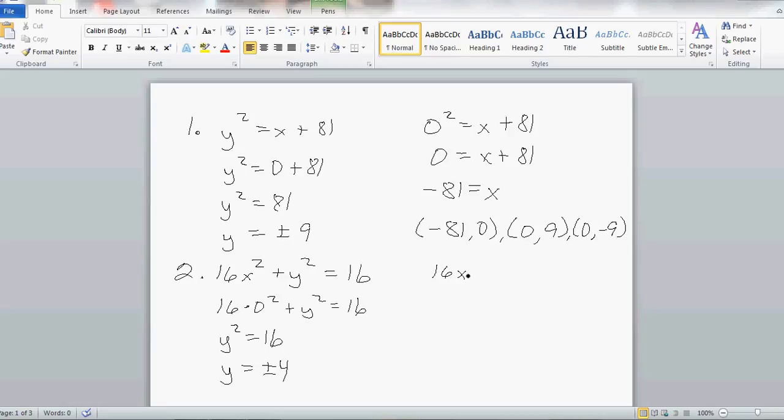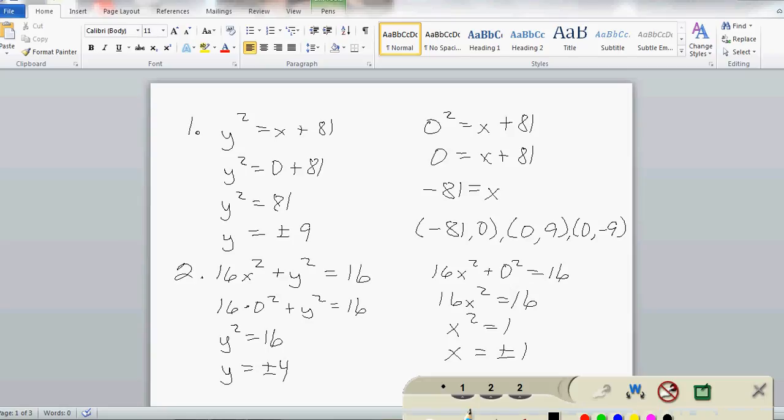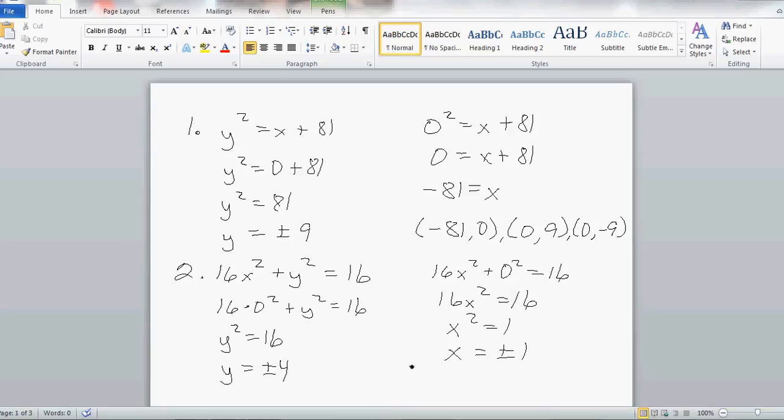So we get 16x squared plus 0 squared equals 16. That leads to this. Divide both sides by 16, and x would equal plus or minus 1. And so the intercepts would then be 1, 0, negative 1, 0, or 0, 4, and 0, negative 4.